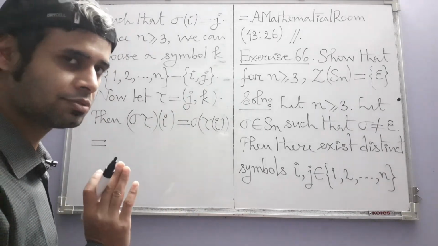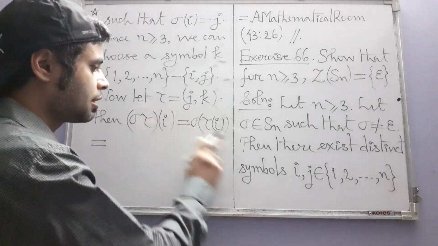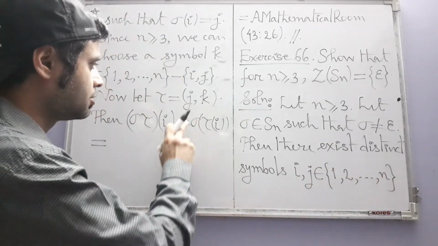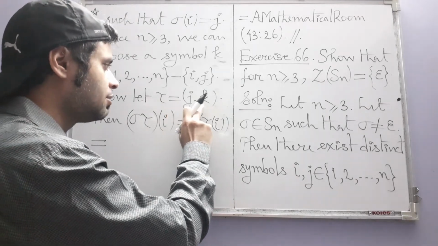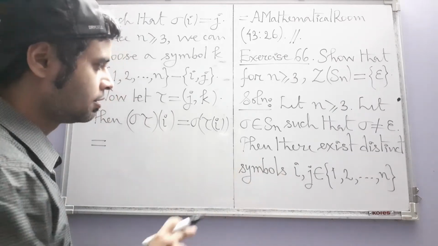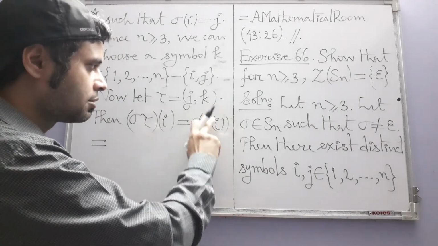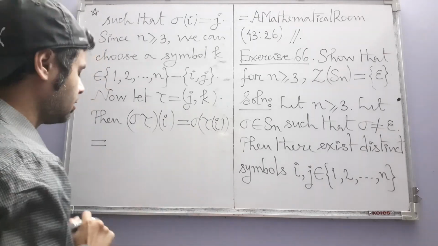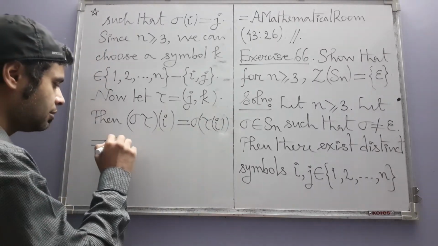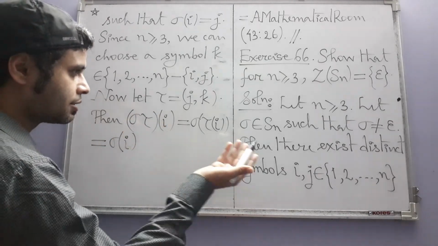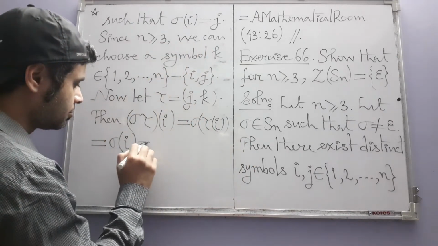Tau only changes j to k and k to j and keeps everything else fixed. So tau fixes i. So tau of i is equal to i, and sigma of i is of course our j.